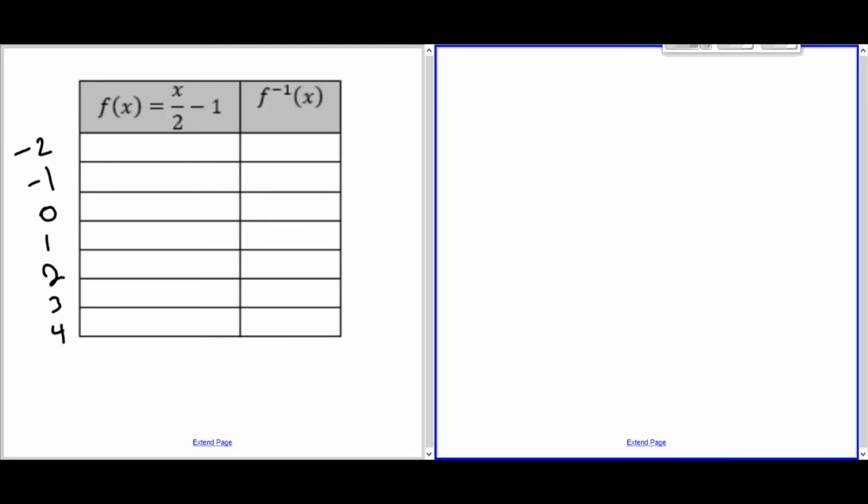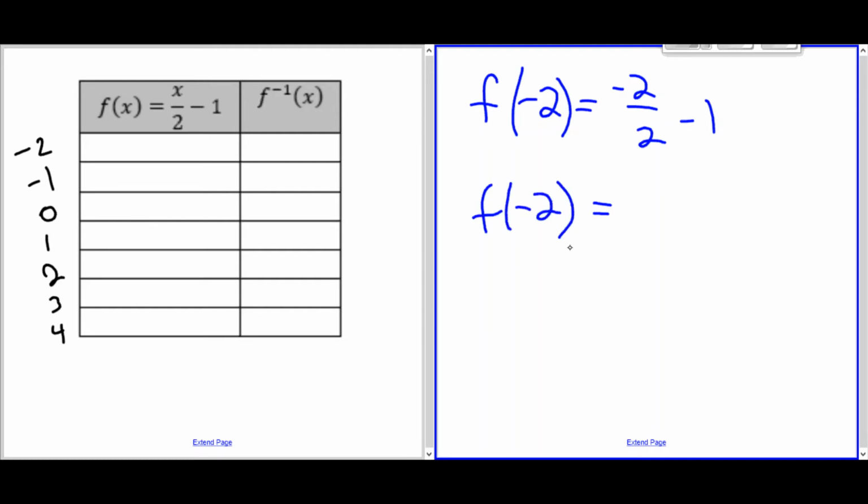So f of -2 equals -2 over 2 minus 1. This gets you f of -2 equals -1 minus 1, so f of -2 is -2.